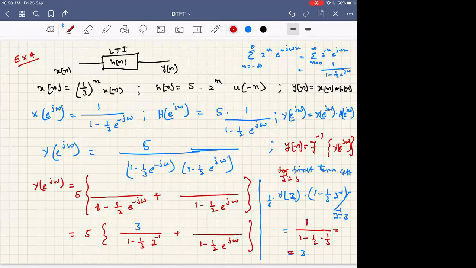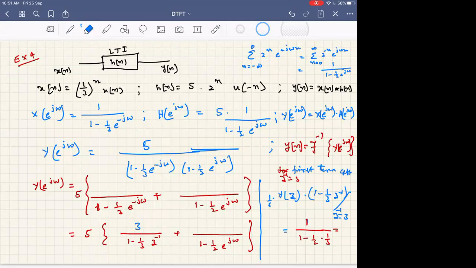Is this correct? Here what we are doing is substituting z inverse equal to 3, so z equal to 1 by 3. That's what I have substituted here, and hence the 5 is anyway out.